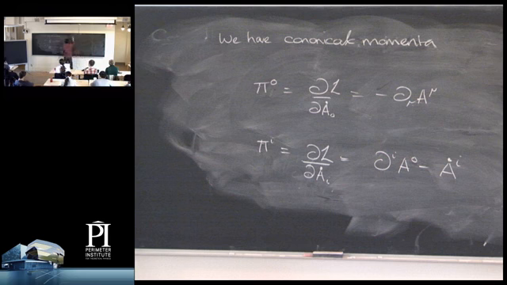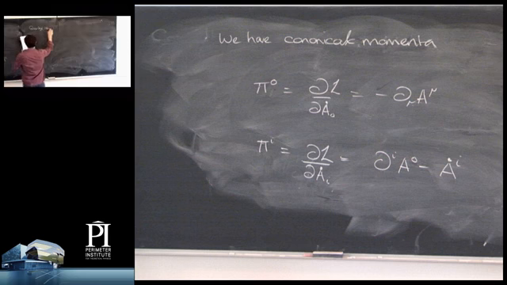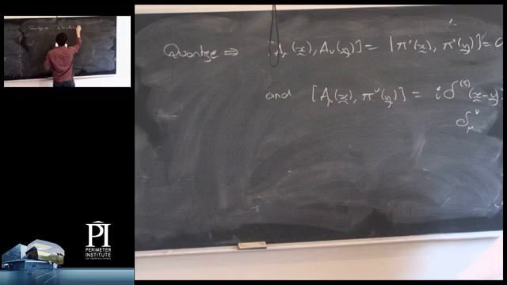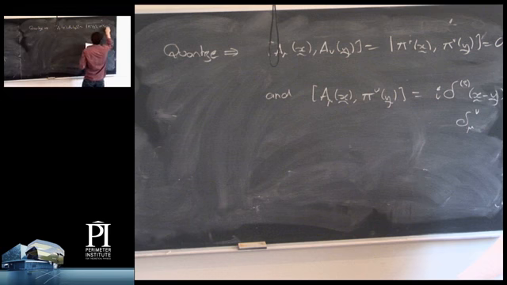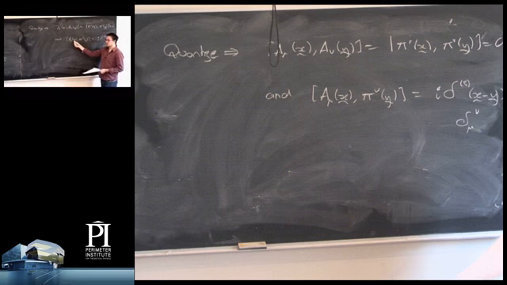Okay, what do we do now? We quantize. That just means we impose canonical commutation relations. Okay, we're going to work in the Schrodinger picture to begin with, because there's little twiddles under the arguments here.